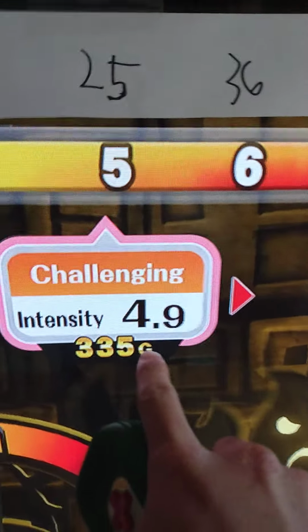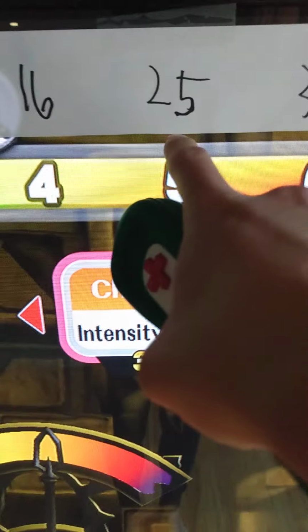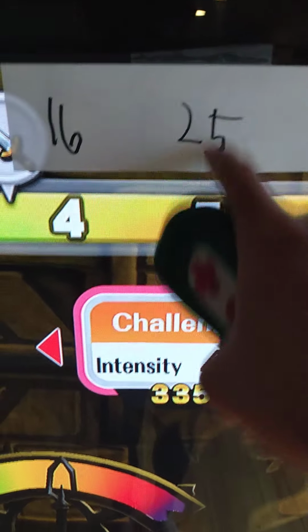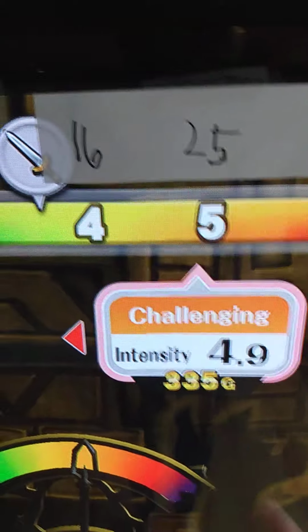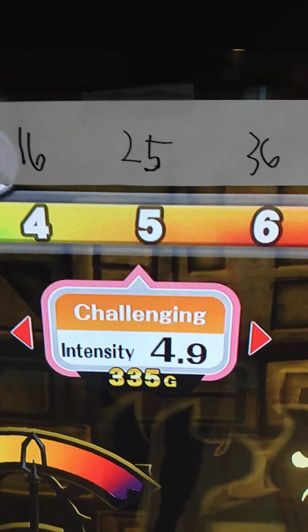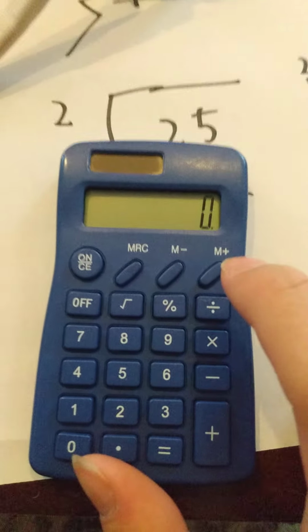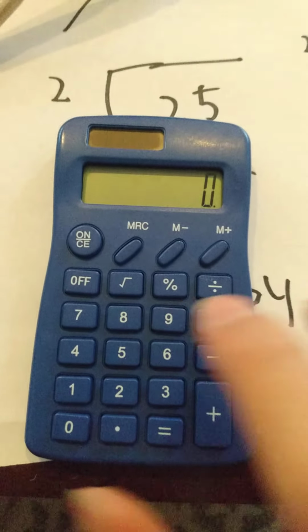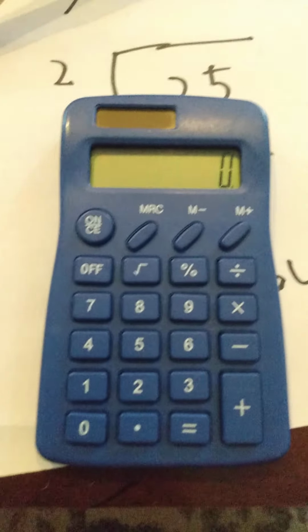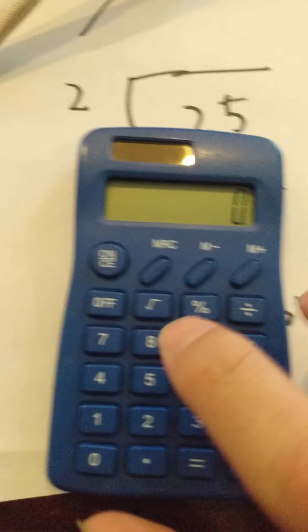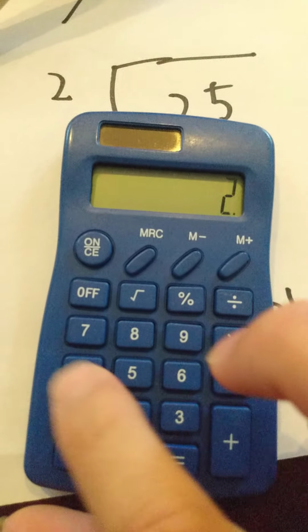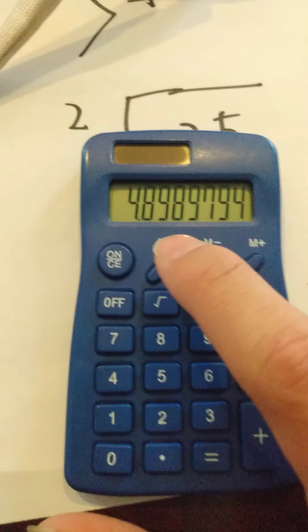My estimate is 4.9 because it's close to 25. So that is my final answer, and let's lock it in. An estimate means you're trying to guess close to what the answer is.